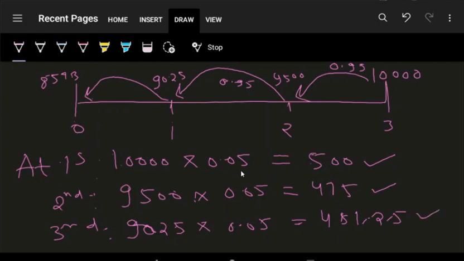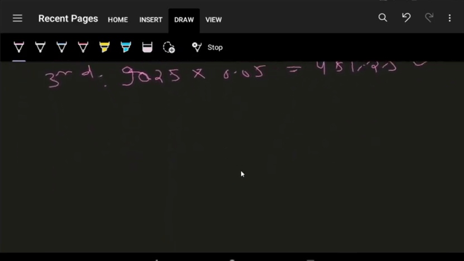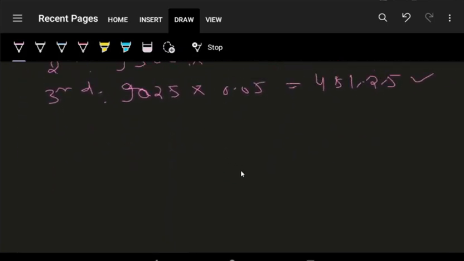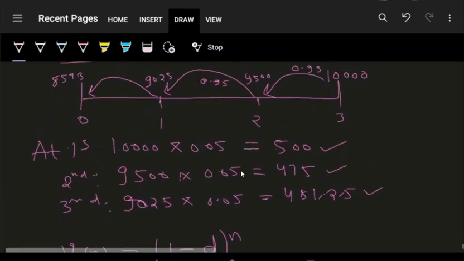So in short, if we are given a type 2 compound rate, then we can directly calculate this. The discounting factor will be 1 minus d to the power n. Here d was 5%, 0.05. That's why we multiplied by 0.95 every time.